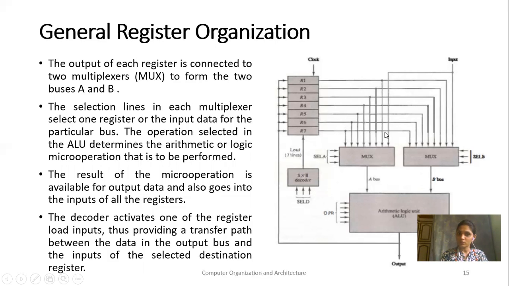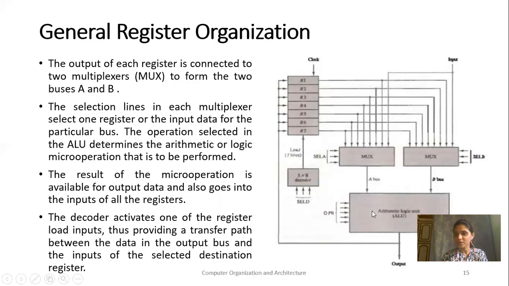The output of each register is connected to two muxes, known as mux A and mux B. The output of these muxes is connected to the ALU via bus A or bus B. Data from any of these registers can be selected by select A and select B and passed through mux A and mux B. The operation control will tell the ALU which operation is going to be done on the data available on bus A and bus B.